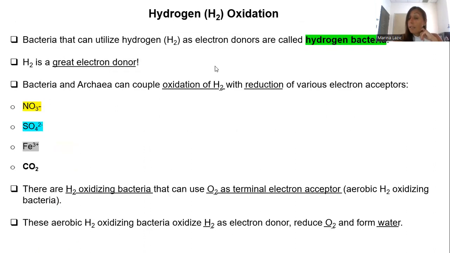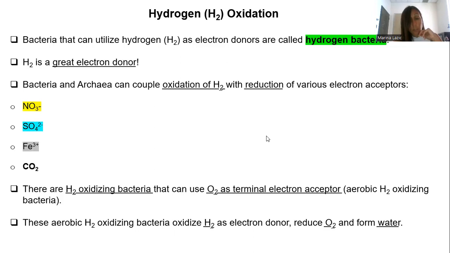Bacteria that use hydrogen as an electron donor are called hydrogen bacteria, so nothing very creative. Hydrogen is known as a very good electron donor. Bacteria and archaea are able to couple oxidation of hydrogen with reduction of various electron acceptors. Some of them are nitrate, sulfate, iron 3+, not 2+, since 2+ is to be oxidized, and carbon dioxide.